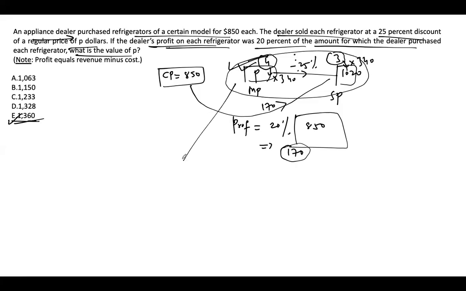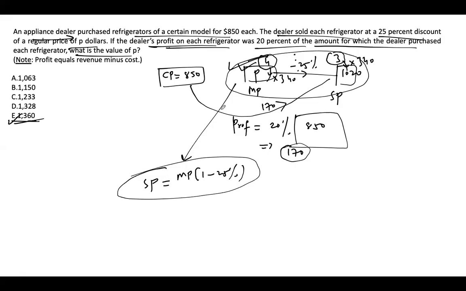Again, marked price into 1 minus 25%. So you are relying on formulas right now. You are going from marked price to selling price. You are decreasing the marked price, not the selling price. Yes, yes, sorry.